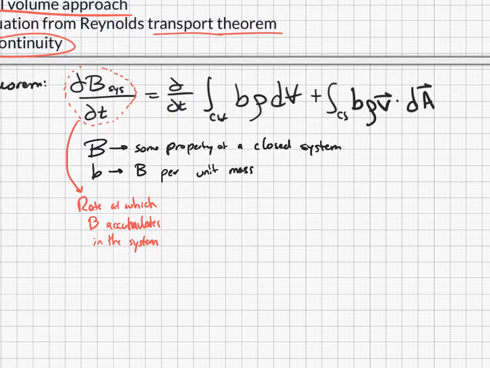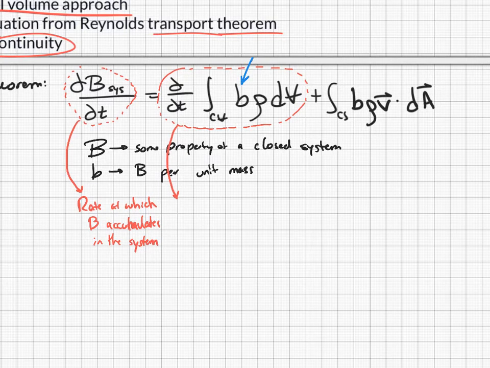And then this one right here is much more complicated. Let's try to think about how this works, because I'm not just going to tell you this. I want you to think about this. So b is something per unit mass.